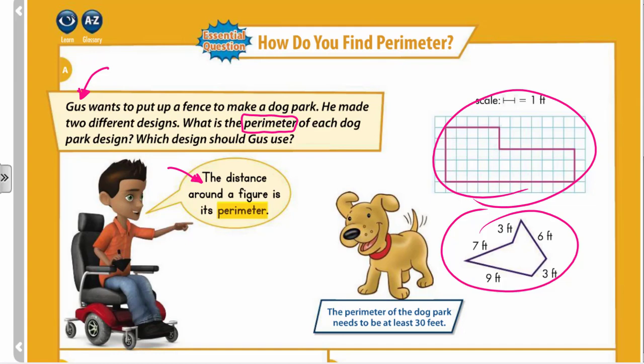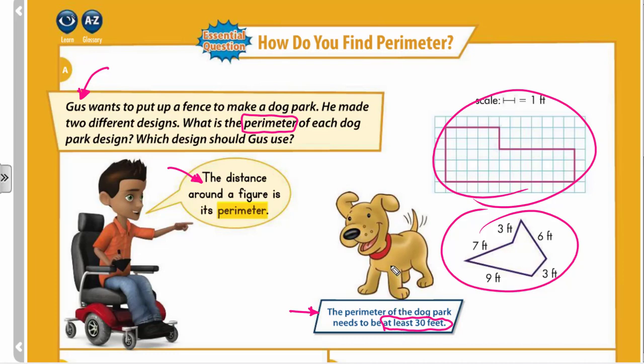Okay, and we have here a note that the perimeter of the dog park needs to be at least 30 feet. Okay, my heroes, what do we mean by at least? At least means it can be more than 30 or less than 30. Which one do we need? Less.